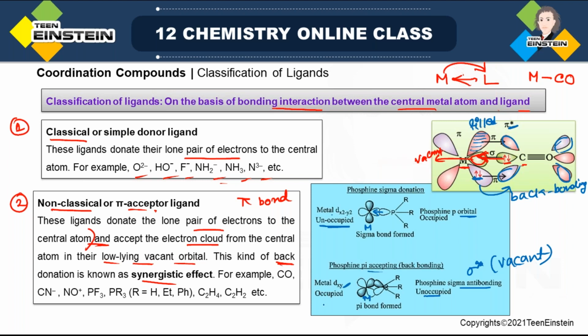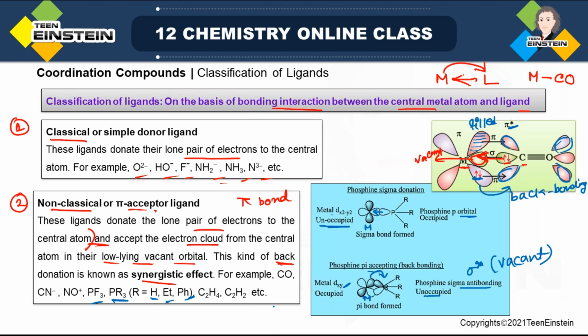Suppose the metal's dxy orbital is occupied and it is donating electrons towards the sigma star of phosphine. See here the phosphine example, PR3, where R may be H, that means PH3, PEt3, PPh3. PPh3 ligand is very common. It may be PF3 also. So this type of pi back bonding is possible in all these examples given in this category. Okay, is it clear?